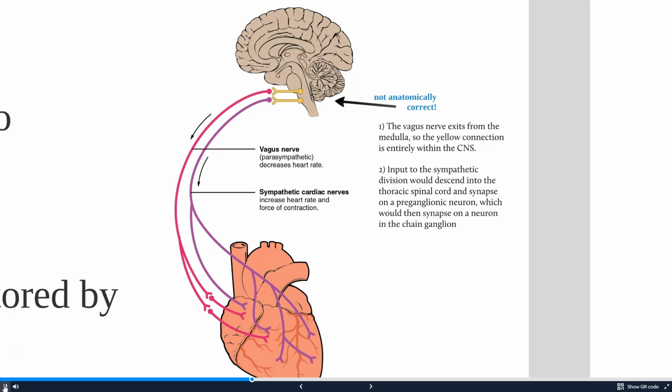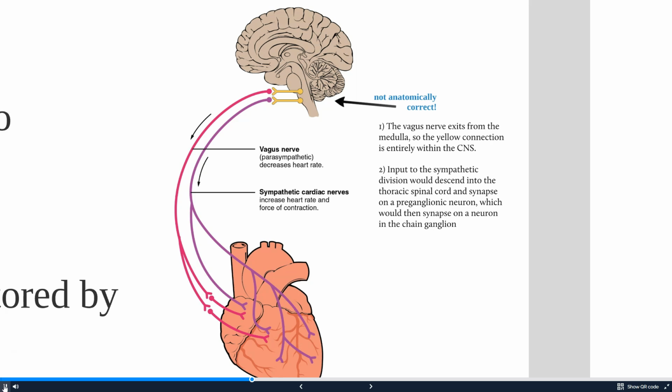That would then emerge from the spinal cord and synapse in the sympathetic chain ganglion at that level or possibly at a more superior level in the chain. And then the fiber that we see here labeled the sympathetic cardiac nerve would be the postganglionic fiber coming from that.